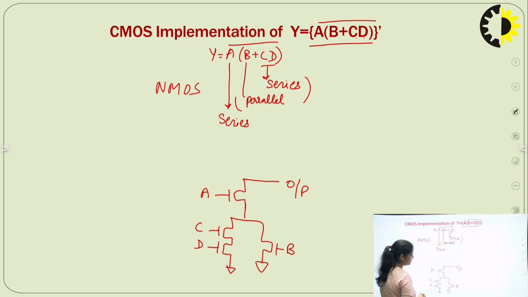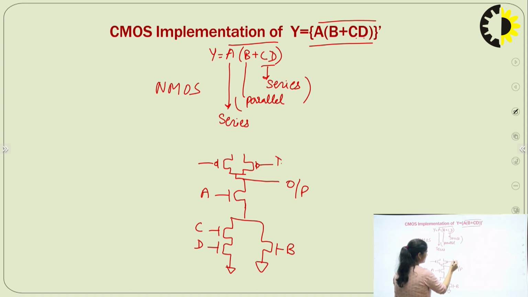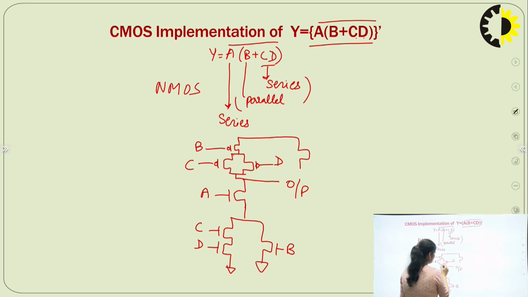Now, designing for pull up network. So, C and D are in parallel. C and D are in parallel. B is in series with this circuit. Now A is in series with this circuit. So it means A is in parallel with this circuit. Now whole this circuit is connected to VDD.